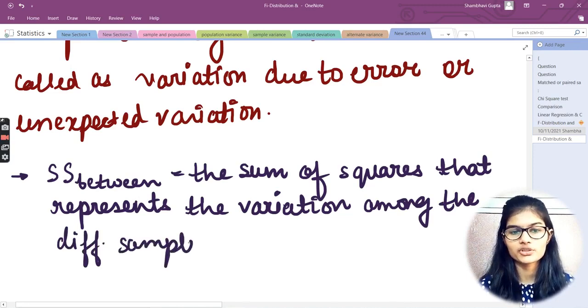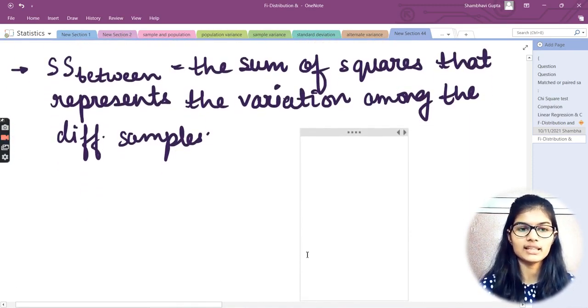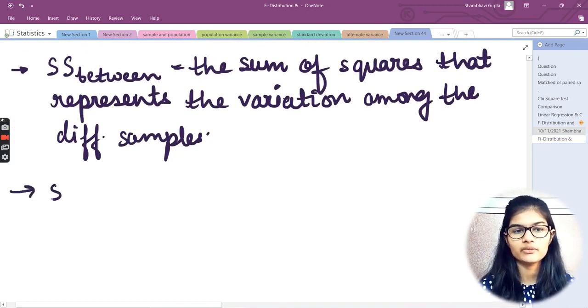This is about SS between, the sum of the squares that represents the variation among the different samples, right? Now this was between, and next we were having one more, that was SS within.